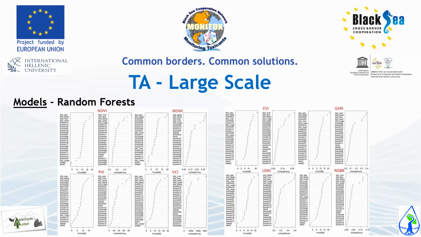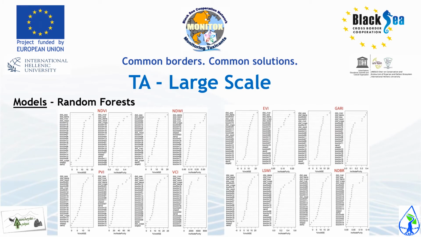So we implemented this method in the Nestos Delta. Specifically, we wanted to see if anything is going on, or if we can find more specifically any trends in regard to the riparian vegetation. So what we did, we compared the values of the 8 different vegetation indices we had with what we call predictor variables to see which of these impact the vegetation more. We had 26 different predictor variables.